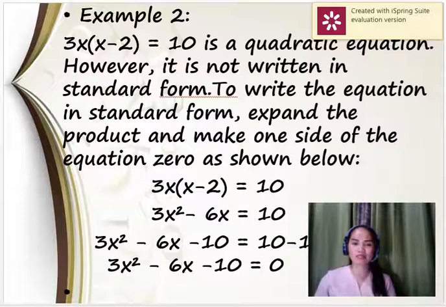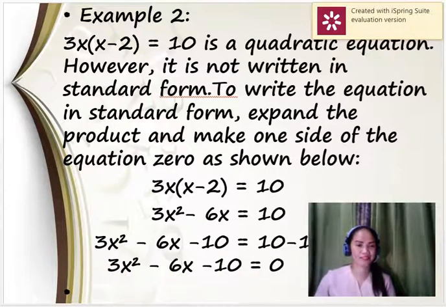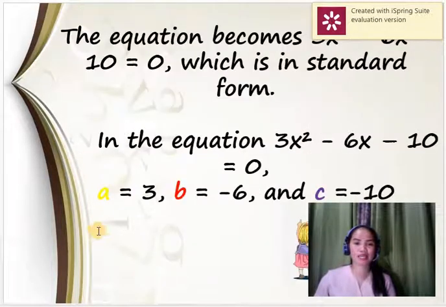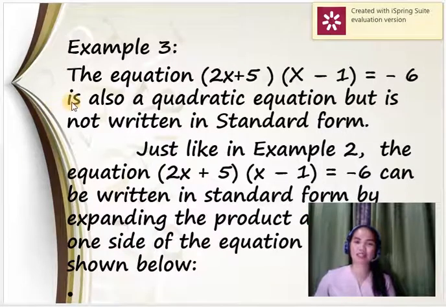Making one side of the equation 0 by adding −10 to both sides, resulting in 3x² − 6x − 10. Therefore, the values are a = 3, b = −6, and c = −10.